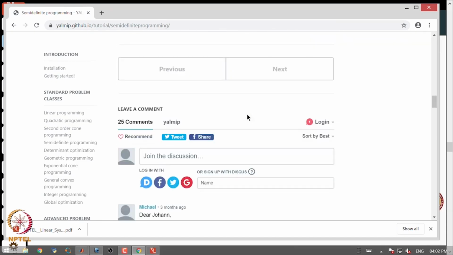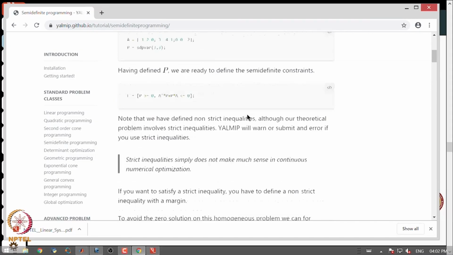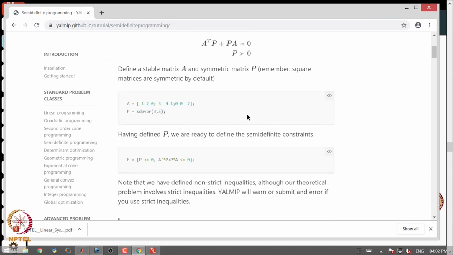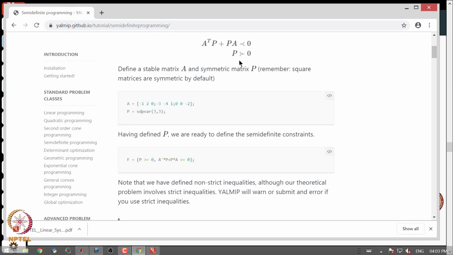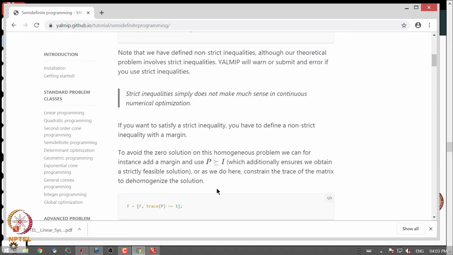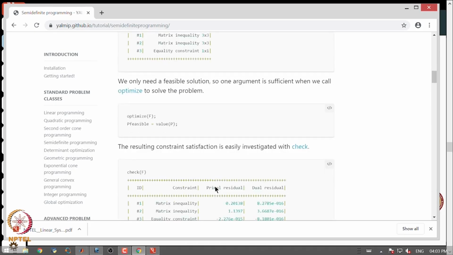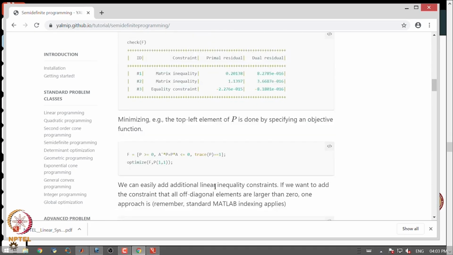To do this, we could add some kind of threshold to P. Instead of checking for P greater than 0, which is what YALMIP checks by default, you could check for P greater than or equal to 0.001, just to add to the strictness. There are also other ways, for example, you can have the trace of P equal to 1 and so on.